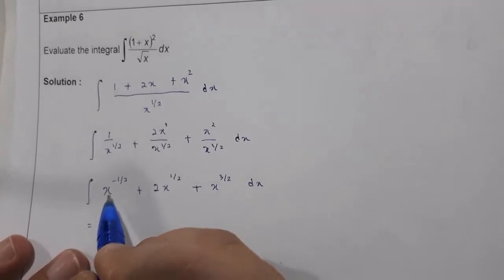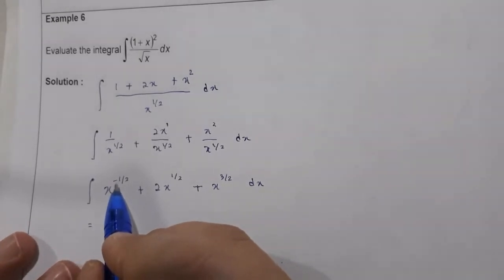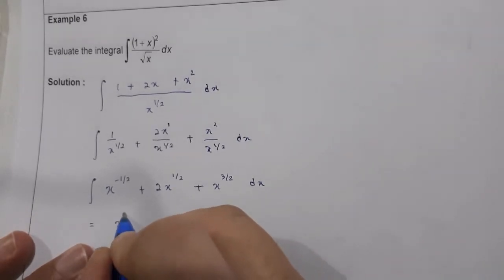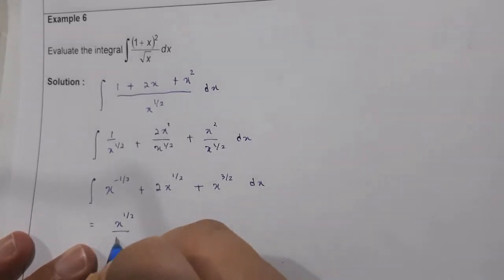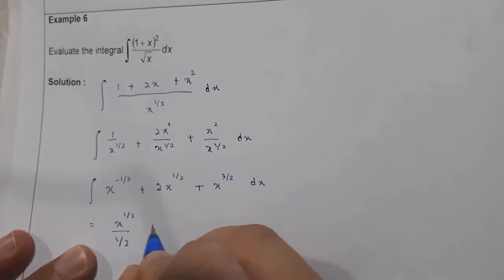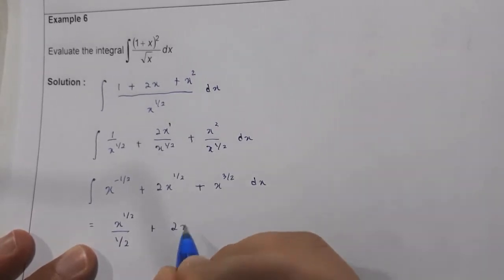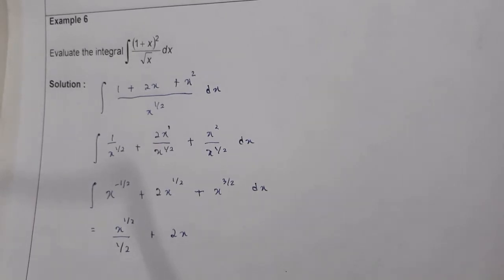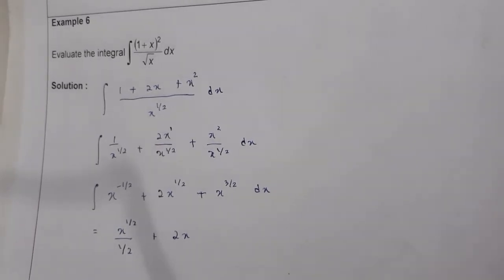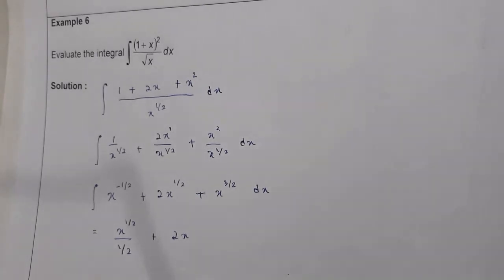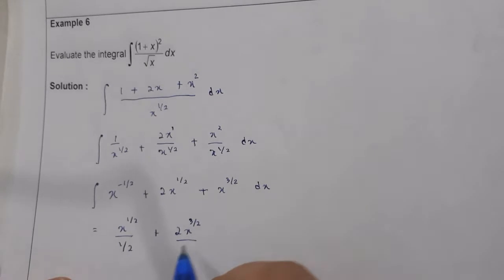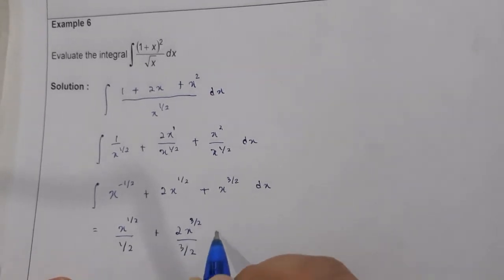Okay, integrate x^(-1/2). Negative 1/2 plus 1. x^(1/2) over 1/2 plus 2x^(3/2) over 3/2: 1/2 plus 1 is 3/2.